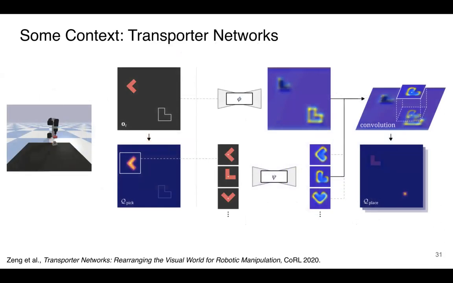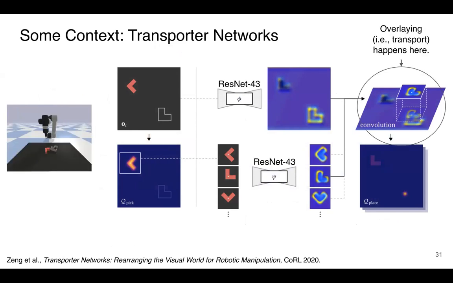All right, so one more higher level overview of Transporter Networks. The transporting operation happens near the end, where I want to highlight that the original image and the crop images are not directly used in the transport operation. We first have to pass them through fully convolutional neural networks to get features before the features are then used for the transport operation.